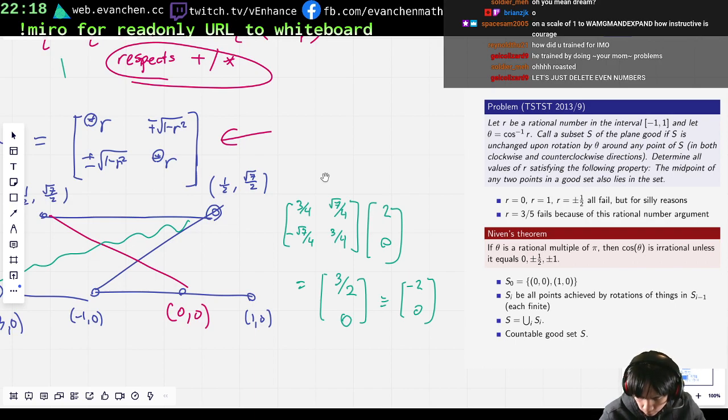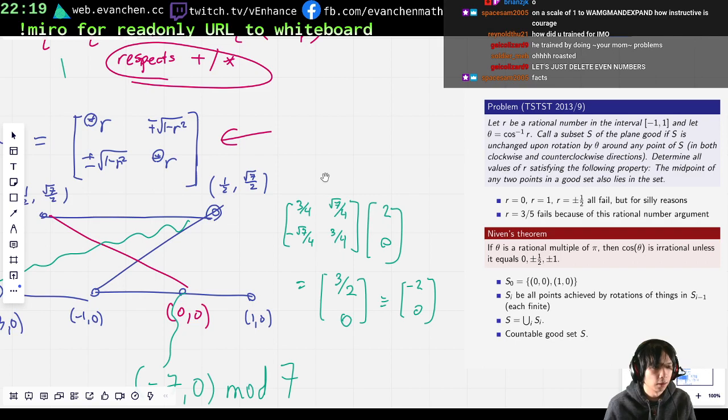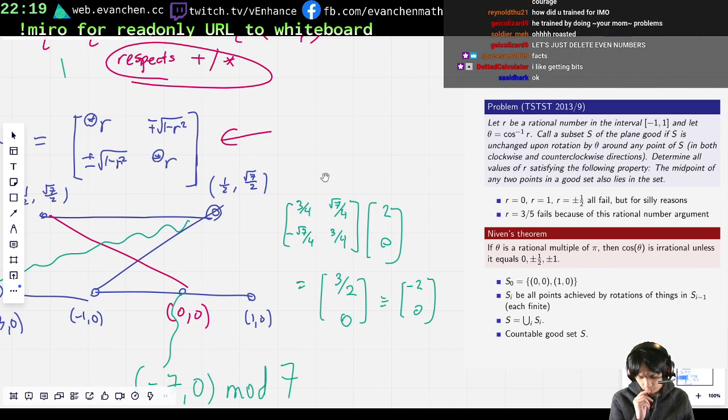And then this point... So I guess we just get like -5 and -7, and this point is congruent to -7, 0 mod 7. So I don't see the obstruction.